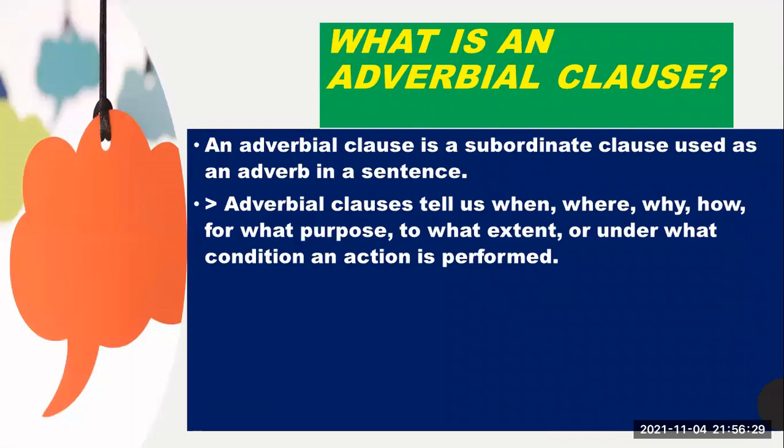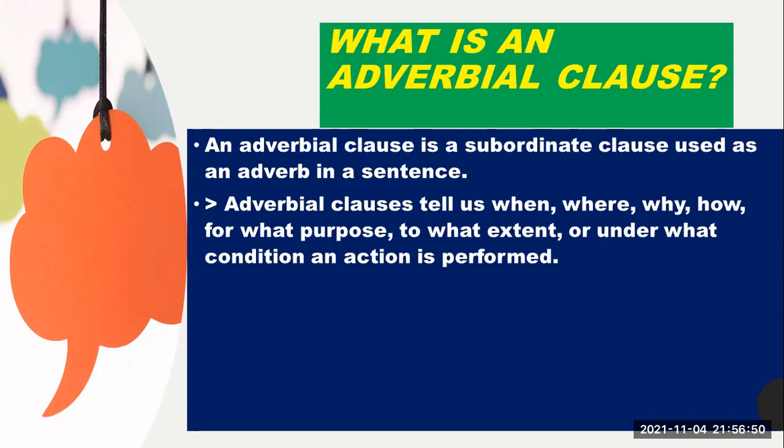What is an adverbial clause? An adverbial clause is a subordinate clause used as an adverb in a sentence. You know that an adverb is a word that modifies a verb, an adjective, or another adverb.